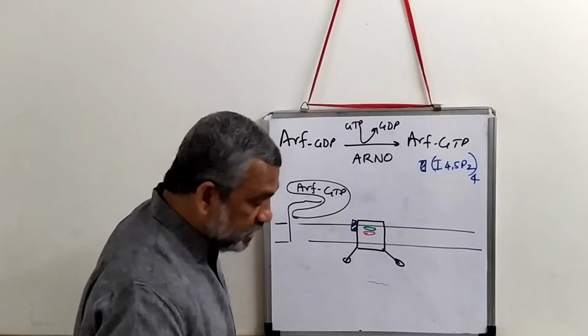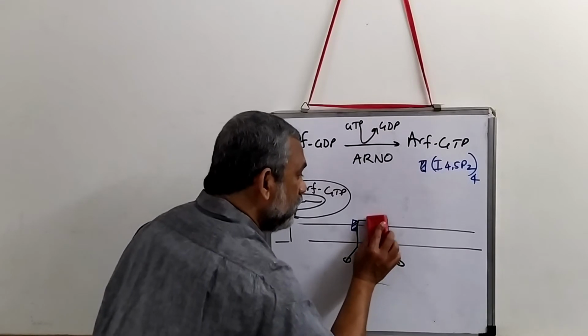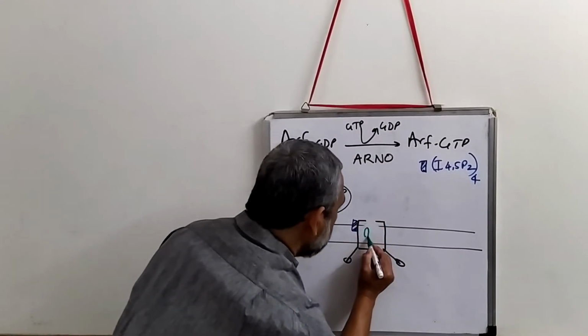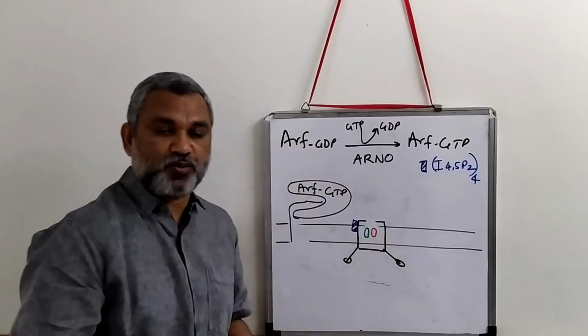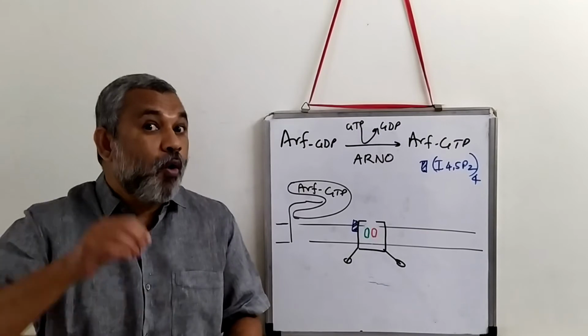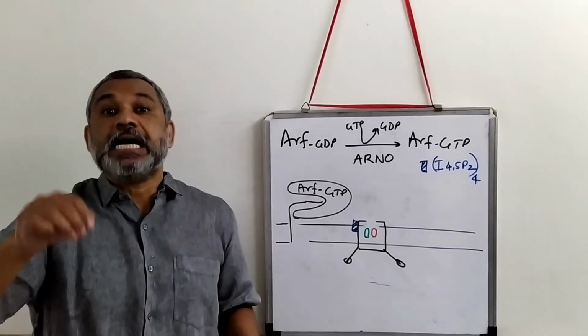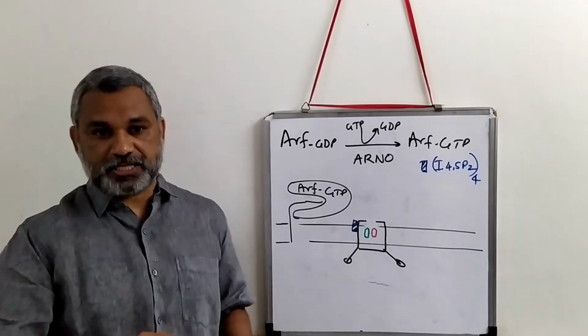What happens is this structural change, this is going to be changed into a structure like this. So you have mu2 opening this way and sigma 2 opening this way. And that is opening and ready to bind with the cargo receptor.